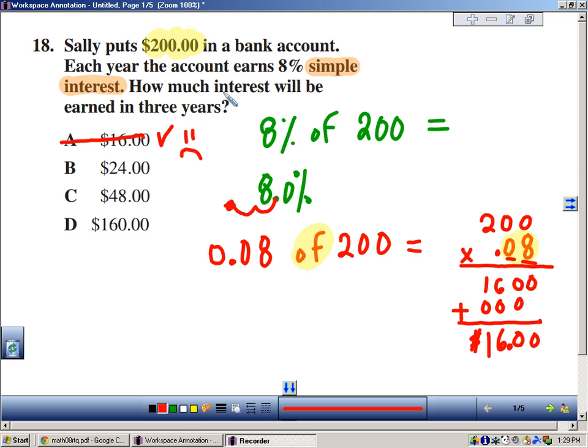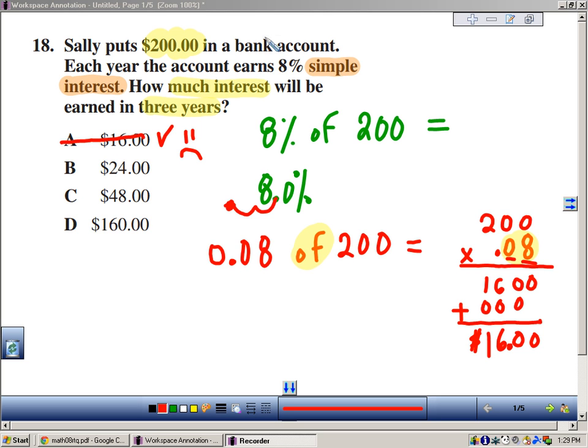Why? Here's why. You have earned interest for 3 years. How much interest did you earn in 3 years? Well, the answer I found here was for 1 year. 8% of $200. When you talk about simple interest, that's what you make in 1 year. And then the amount doesn't change.